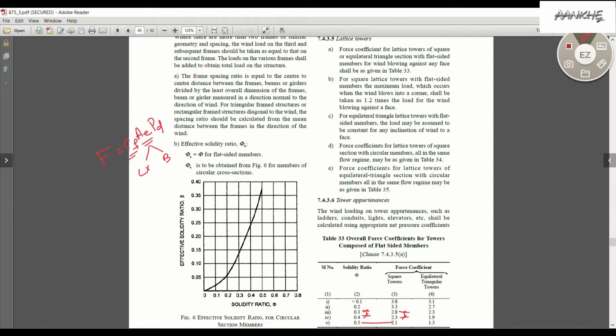For CF, there are two CFs, one is your 2.6, another one is your 2.1. Regarding PD we need to calculate. So I hope now the things are clear. In the next part we will be calculating the forces in the board.